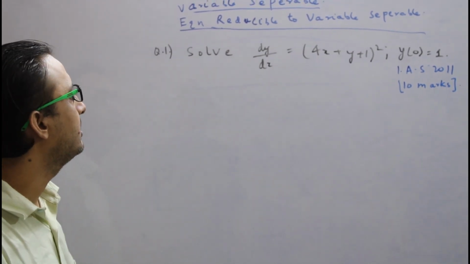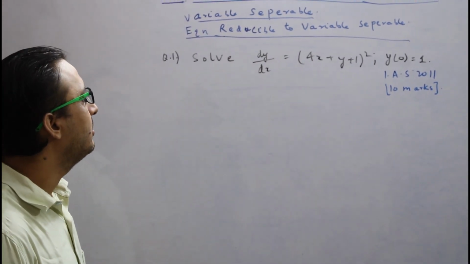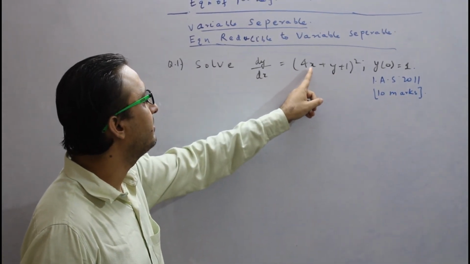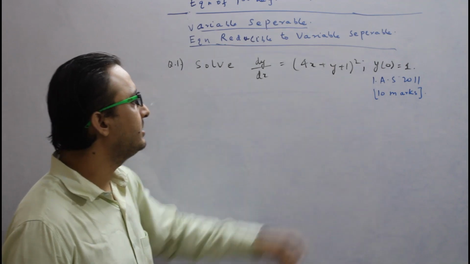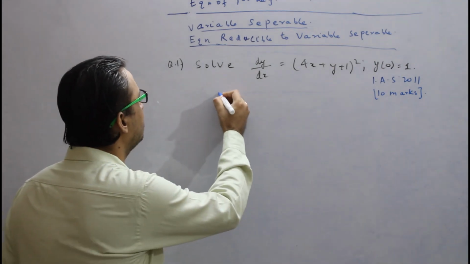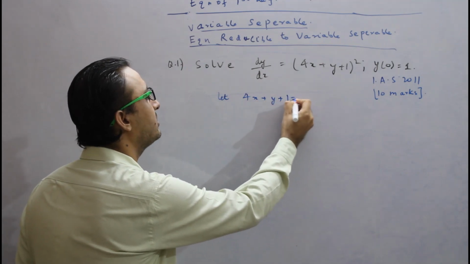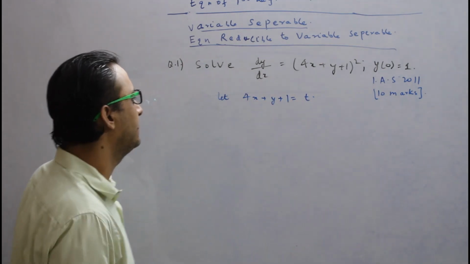First and foremost, what we have learned is that we have to take the function 4x plus y plus 1 as, say, t. So we will put, let 4x plus y plus 1 is equal to t.